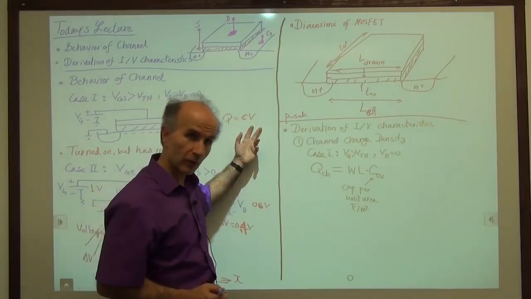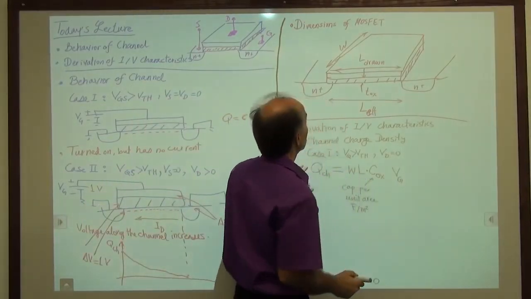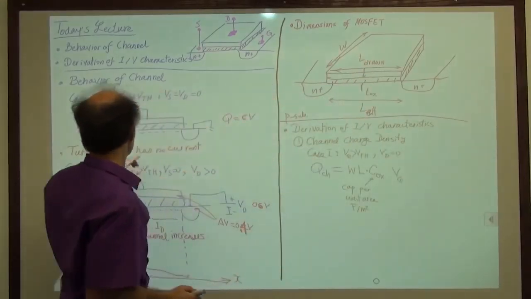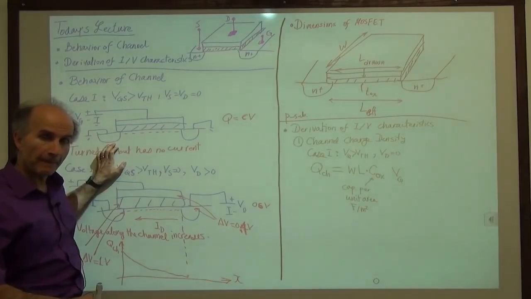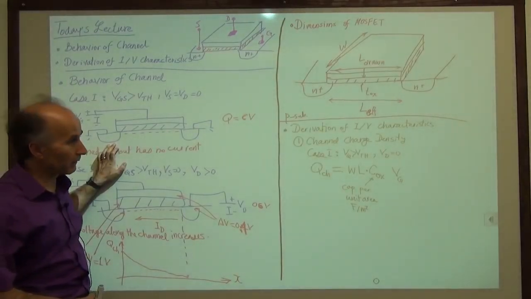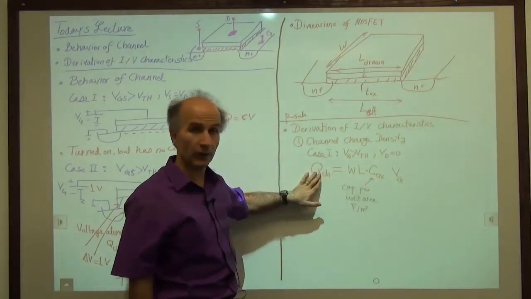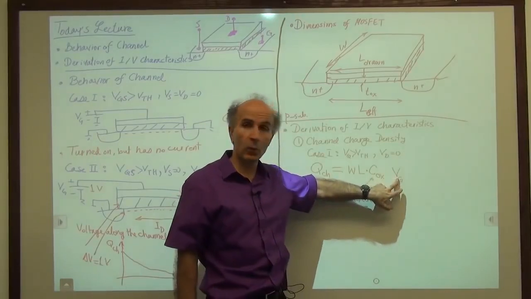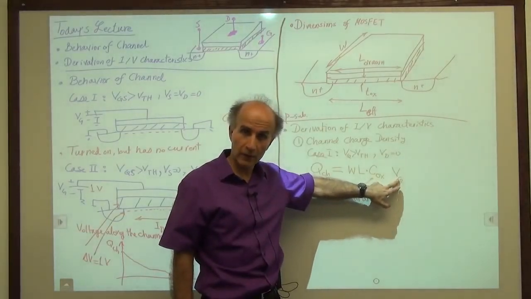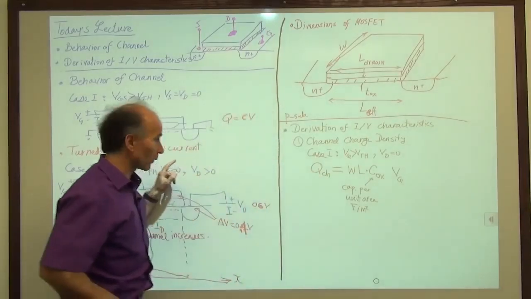Now we need voltage. Can I just write VG, the voltage that's applied to the gate, this guy here? Well, if I write it like that, this equation says if VG is 0, you have no channel charge, which is true. But if VG is 0.1 volt, do we have channel charge or not?